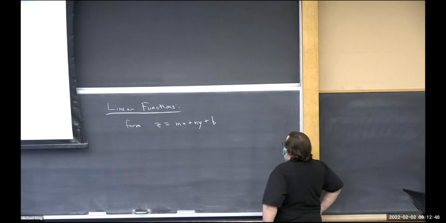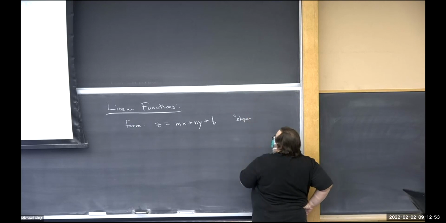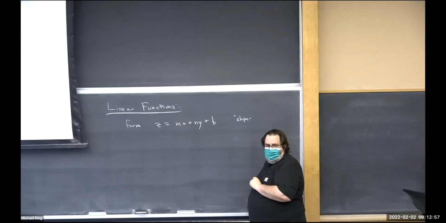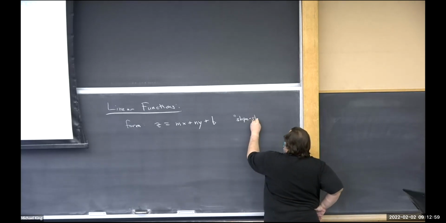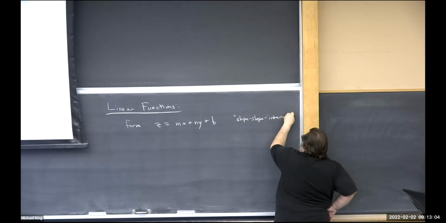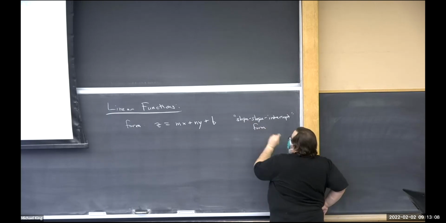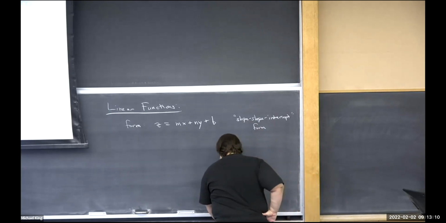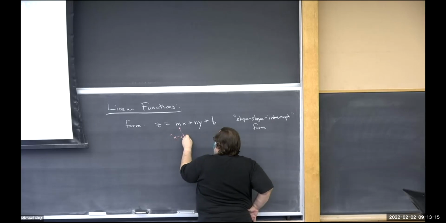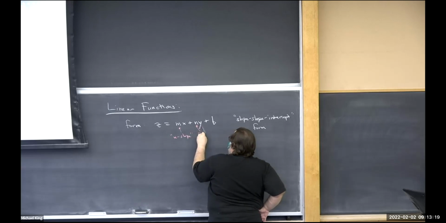Nobody says this, but I like to call this slope-intercept form, like we call y equals mx plus b slope-intercept form. There's an x slope and a y slope. Sometimes we call this the x slope, and we call this the y slope.